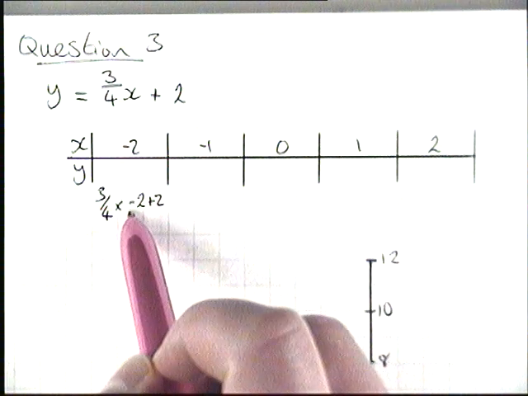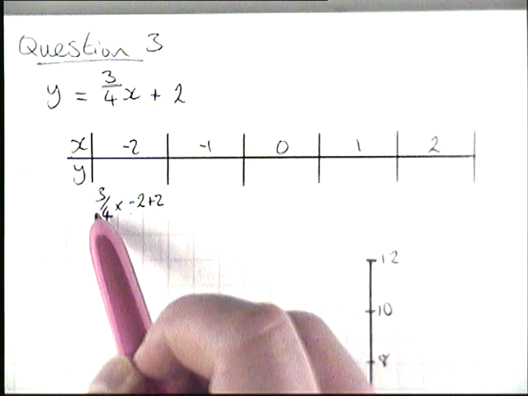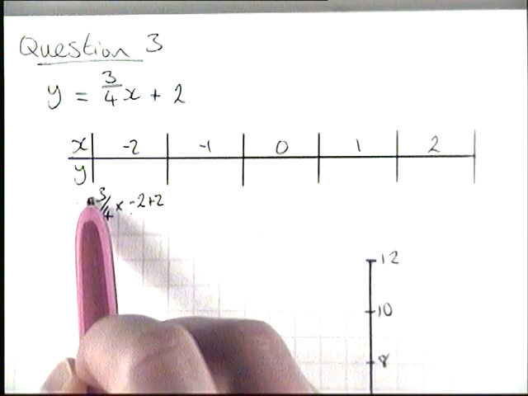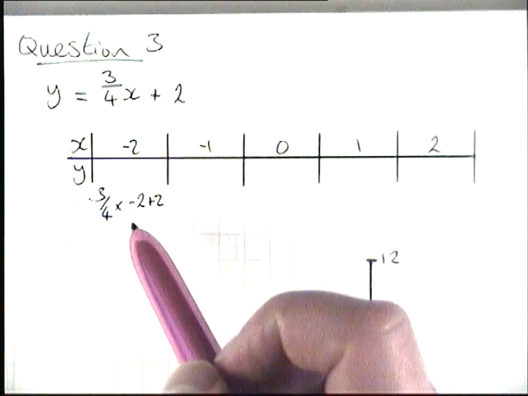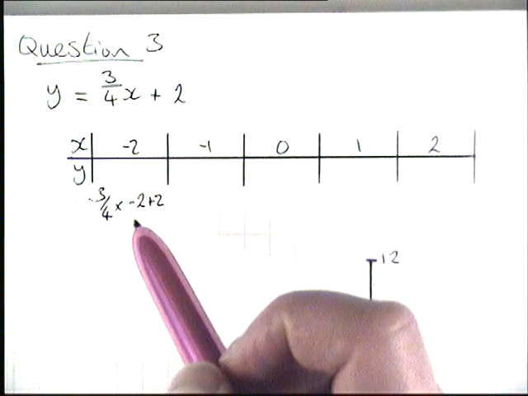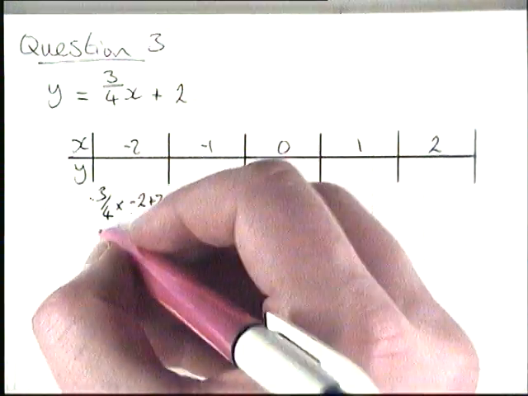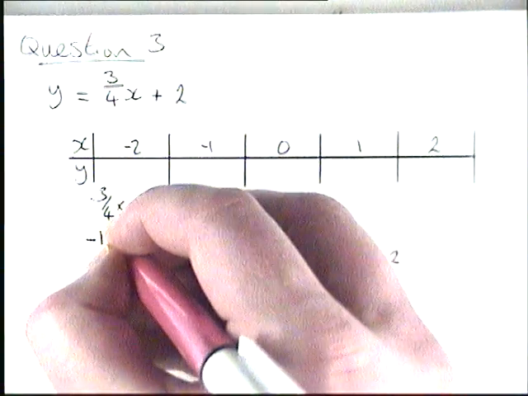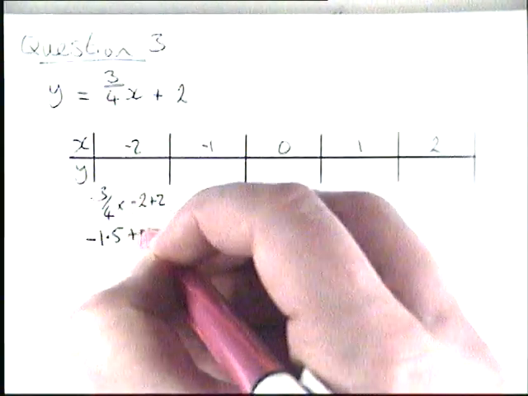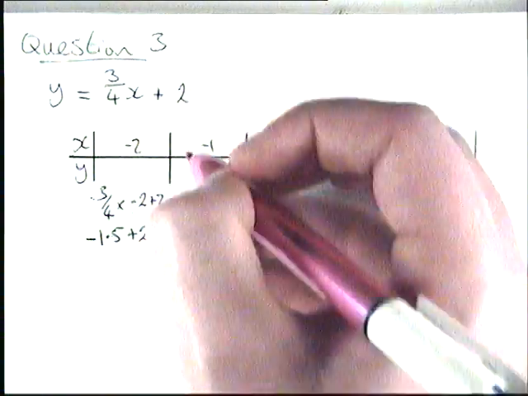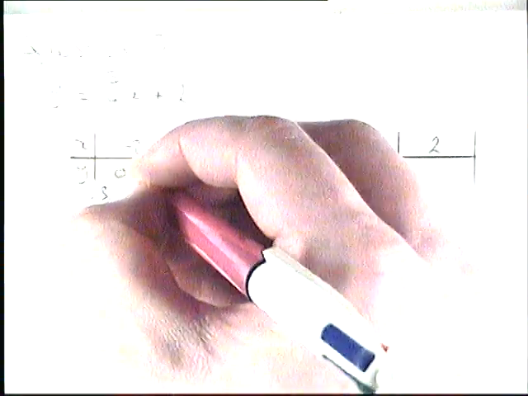So 3/4 times minus 2, we'll get minus 6 on top, and then 6 divided by 4 will leave us with minus 1.5, and then plus 2 will leave us with positive 0.5.